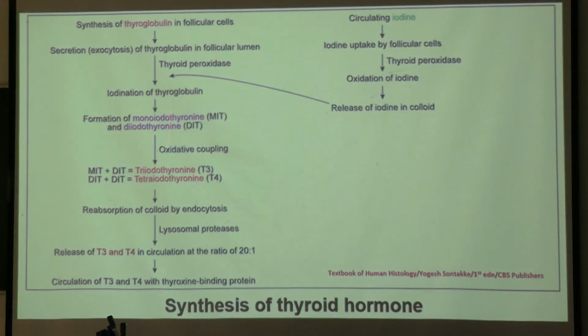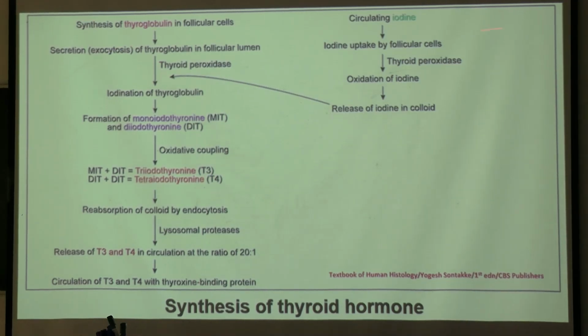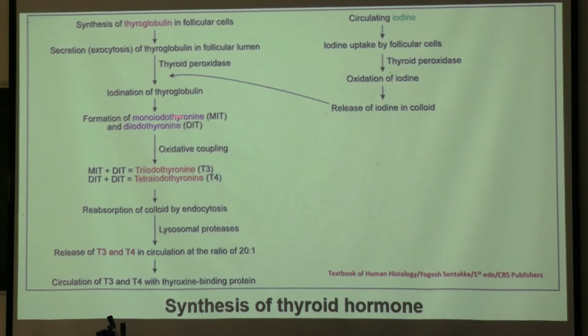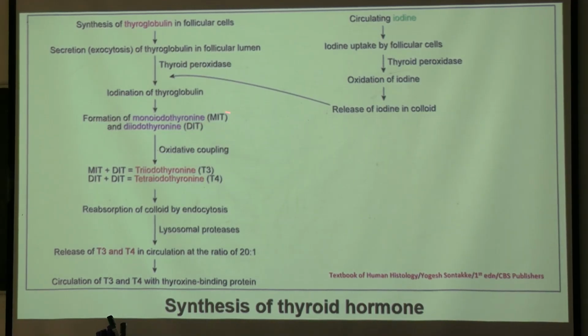This is the process of synthesis of thyroid hormone. So first, the synthesis of thyroglobulin occurs in the follicular cells. Then secretion or exocytosis of thyroglobulin into the follicular lumen, and here thyroid peroxidase helps in iodination of thyroglobulin and formation of monoiodotyrosine MIT and diiodotyrosine DIT.